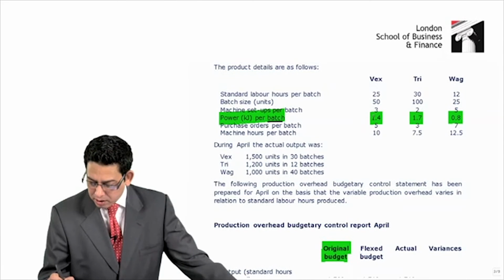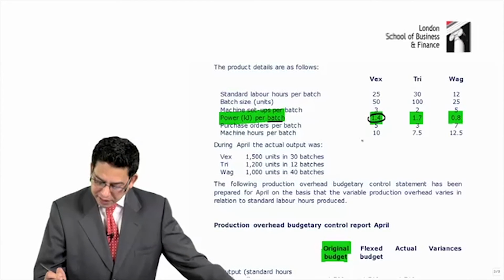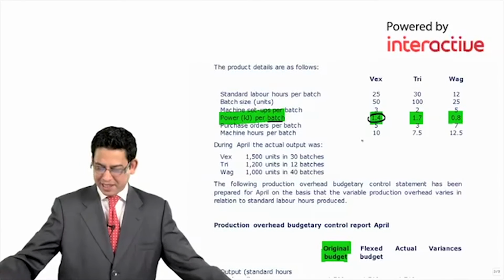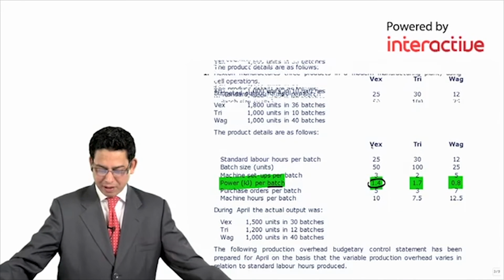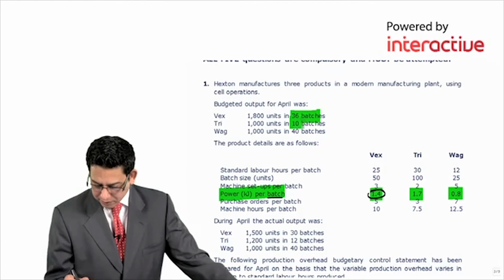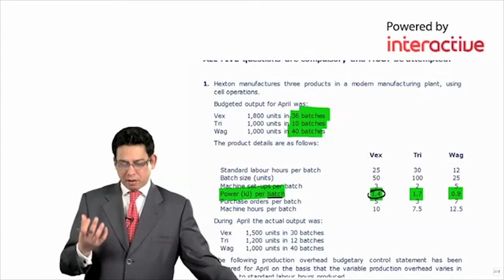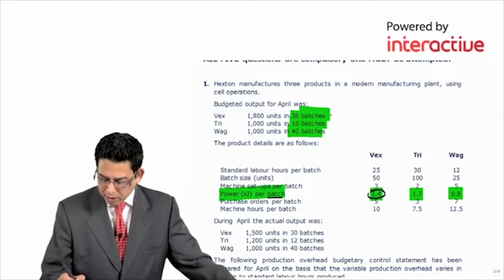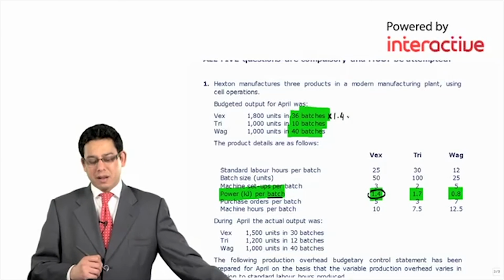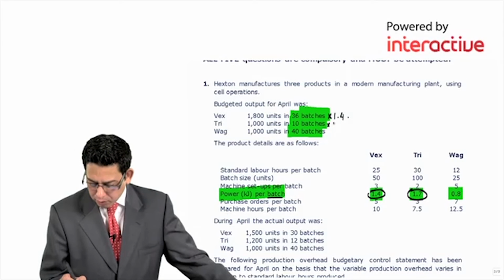Meaning to say is 1.4 kJ per batch, and we need to know how many batches there were for the period, which are given right here for each product. So 36 batches for WEX times 1.4, plus 10 batches times 1.7.